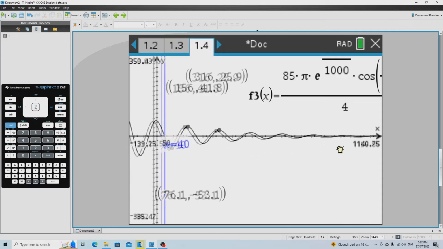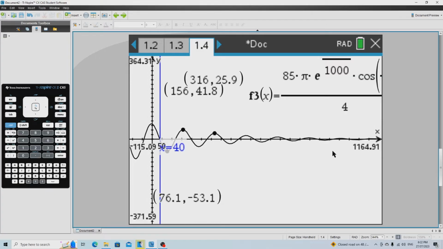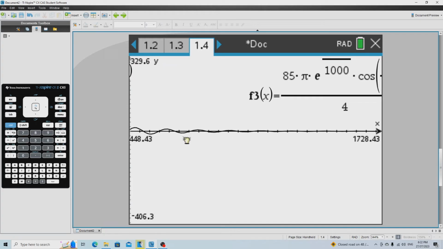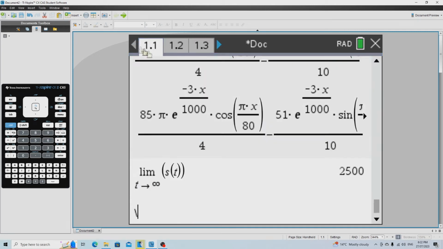It gets to 0, it looks like. Okay, I'll just explain what it means. This function over here is not s of t, is it? No, I don't think it's s of t. So let me just take the function s of t.